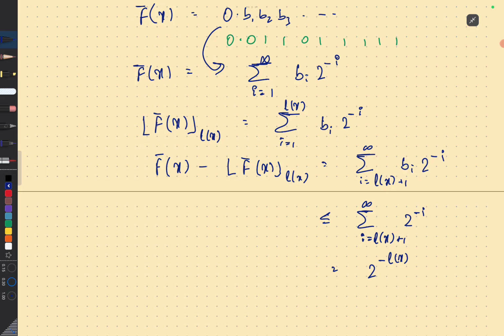Which is just p of x by 2. Sorry, this is less. The quantity is less than or equal to this, so the negative of that is greater than or equal to this particular quantity. So this is greater than or equal to p of x by 2 plus p of x prime by 2 minus p of x by 2, which is p of x prime by 2, which is strictly greater than 0.